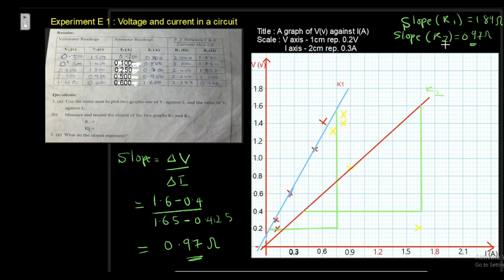Whatever value you get, you can just work with it, but you need to understand that K1 should be higher than K2. So we've answered question 1A and 1B. It said use the same axis to plot two graphs, V1 against I1 and the other of V2 against I2, which is what we have here. Measure and record the slopes of K1 and K2. This is what we have here.